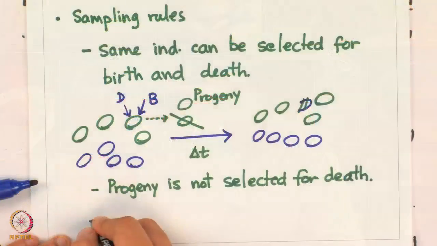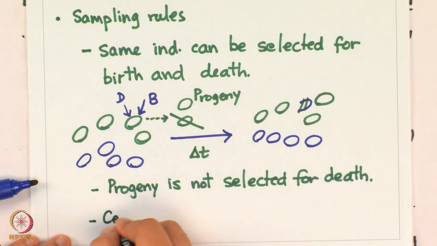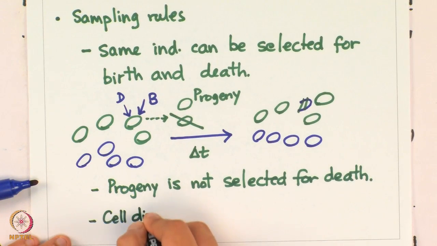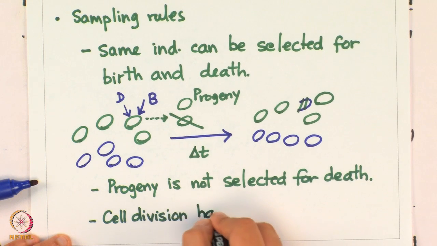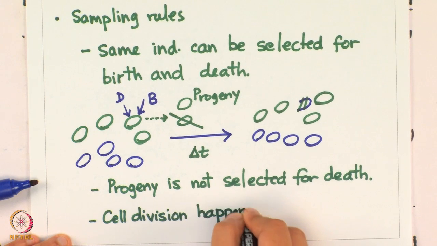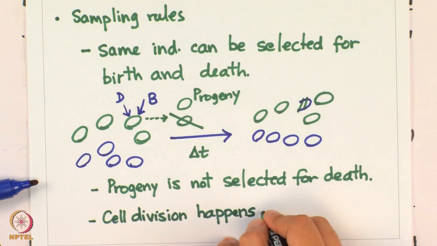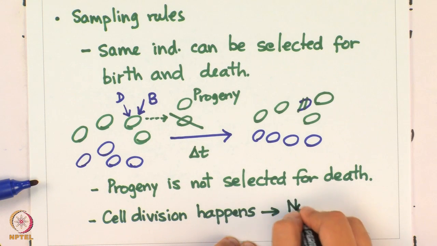So the progeny is left out. And the third rule is that when cell division happens, there is no mutation.